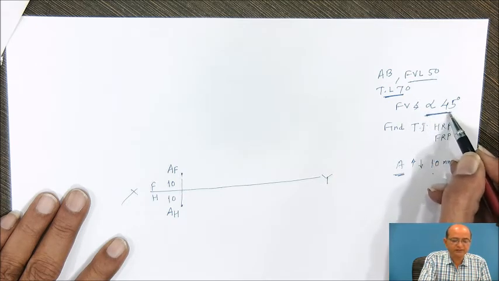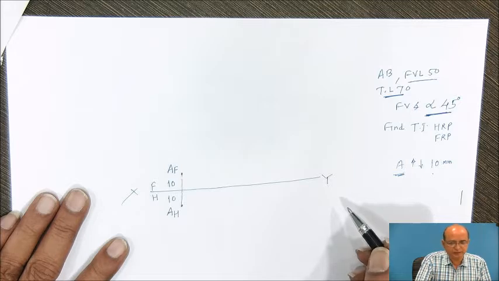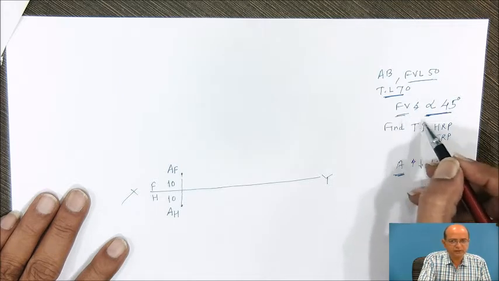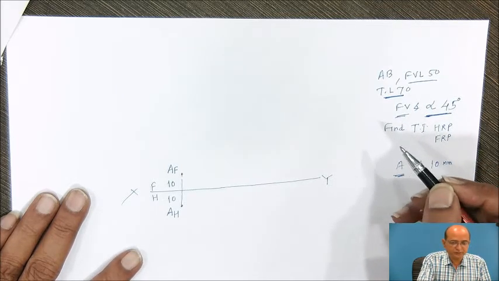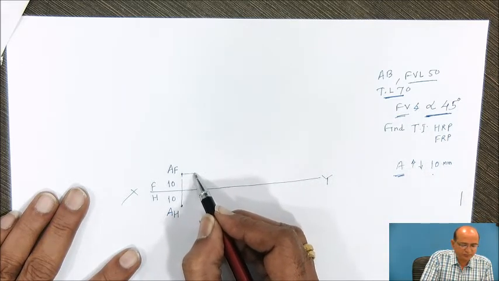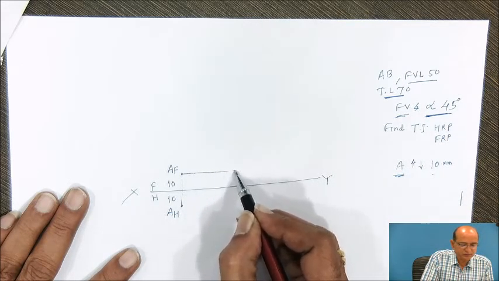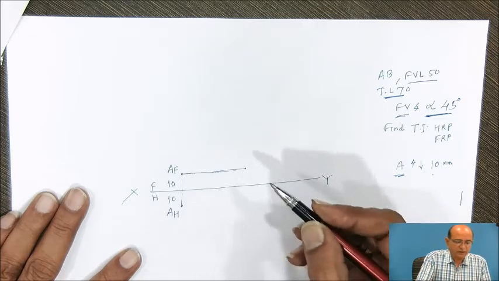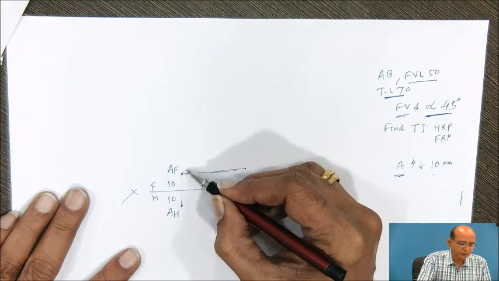That is the front view angle which is given. So we can draw this front view angle of 45 degrees with respect to the horizontal line from AF.